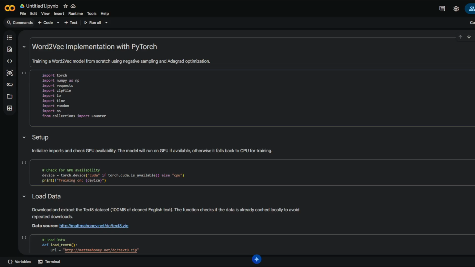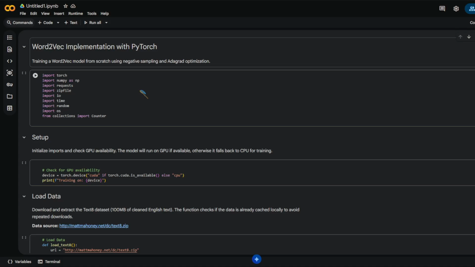The goal isn't just to make it work, but to implement the raw math, calculating gradients manually and writing my own optimizer, to prove that I understand exactly what's happening under the hood.